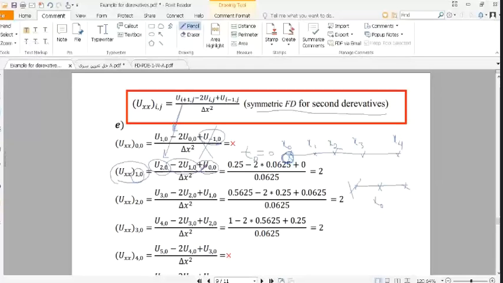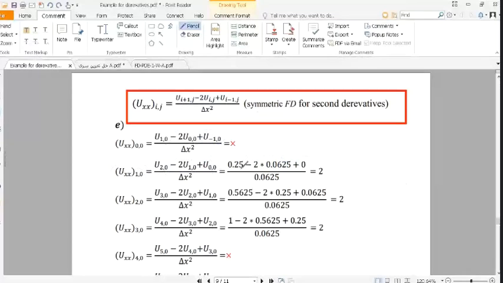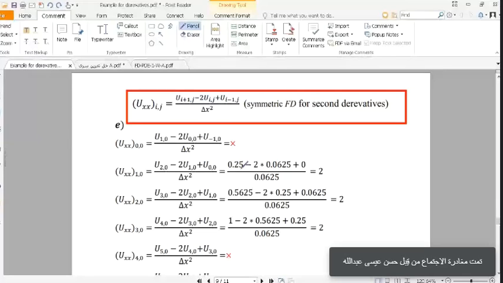When we replace these values in the formula, we have 0.25 minus 2 times 0.0625 plus 0 over delta x2.